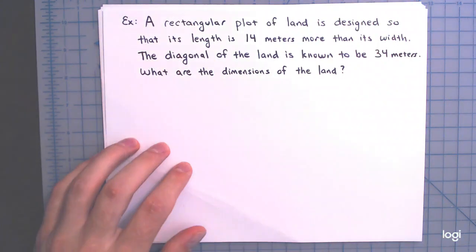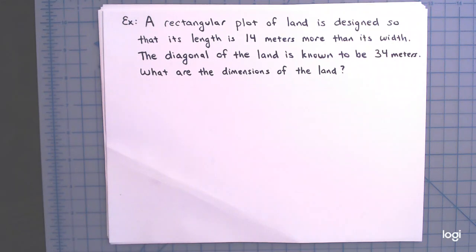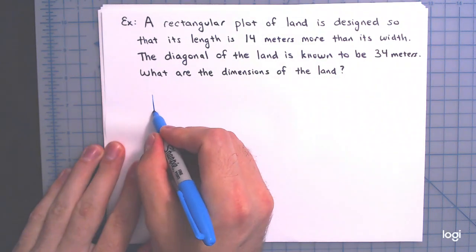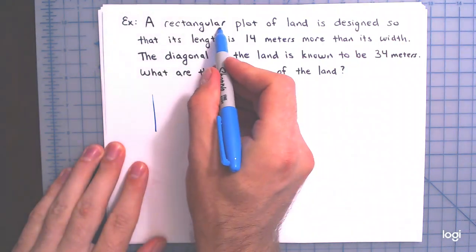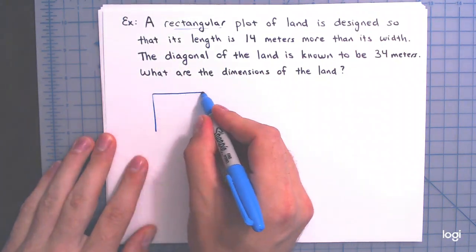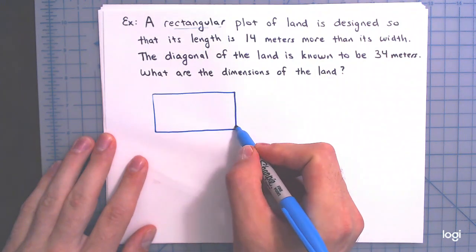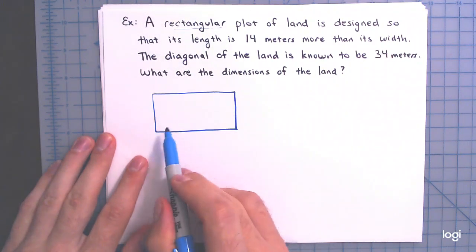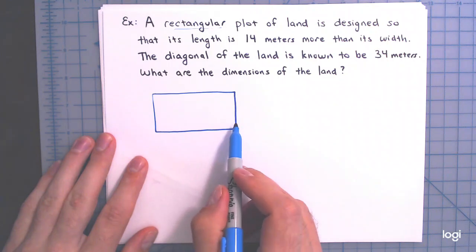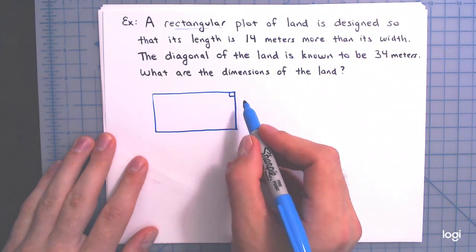All right. So I'm going to draw a little diagram here. They say it's a rectangular plot of land. So this isn't perfect, but here's a rectangular plot of land, this area. And again, imagine this is actually a rectangle with 4 90-degree angles. I'll put those little 90 degrees in there.